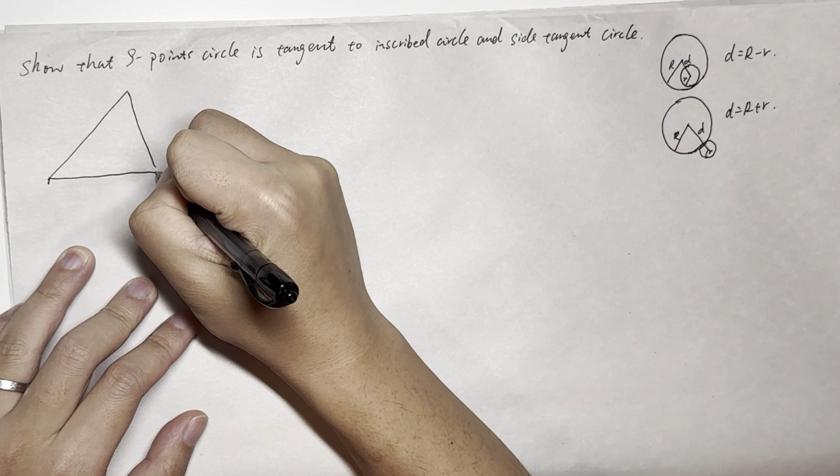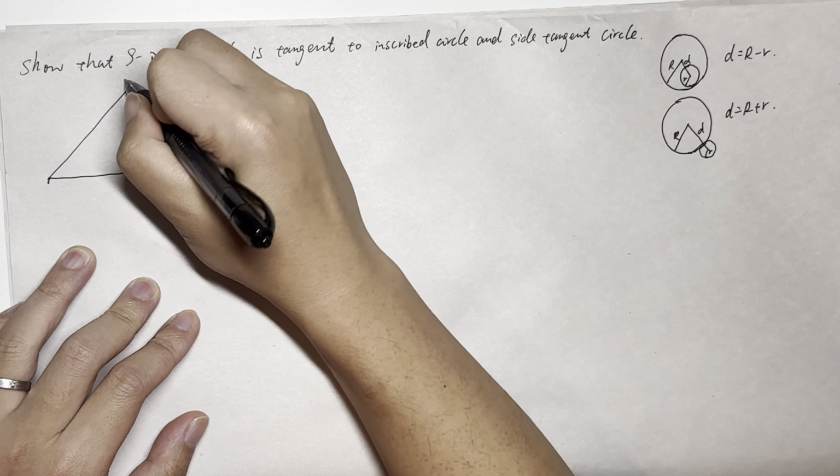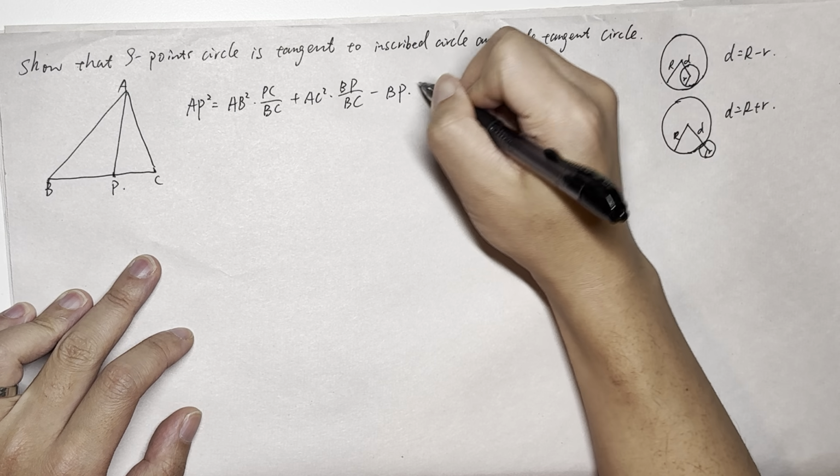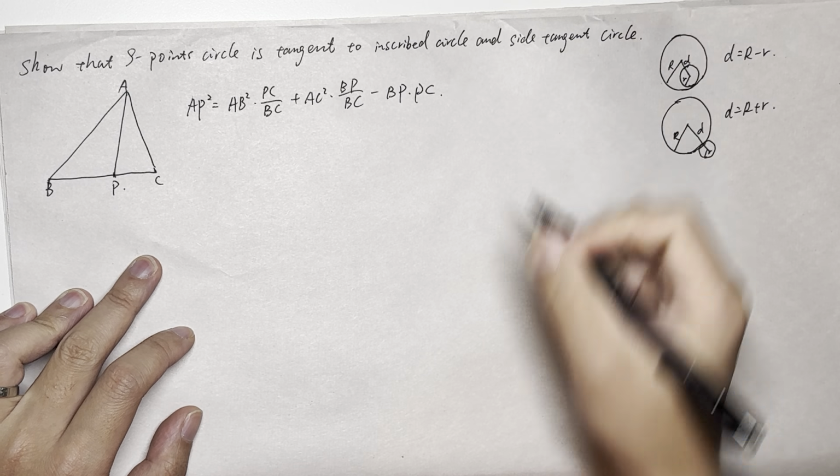Stewart's theorem is saying that in a triangle ABC, P is any point on BC, then we know that AP squared equals AB squared times PC to BC plus AC squared times BP to BC minus BP times PC, right?